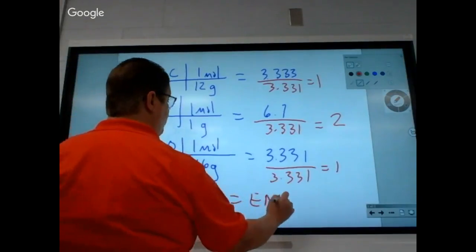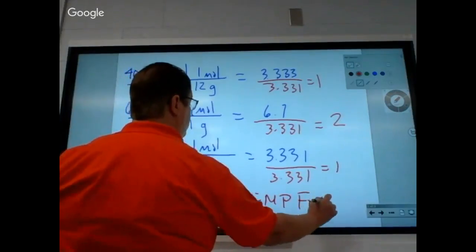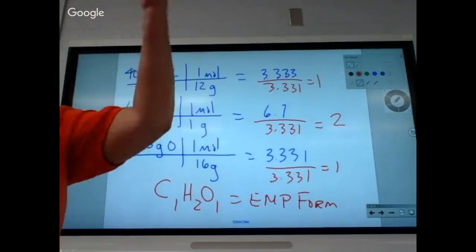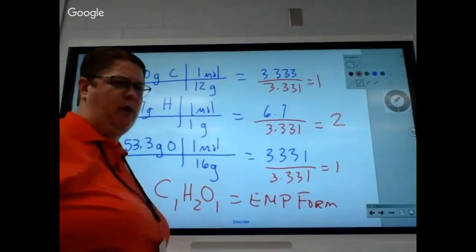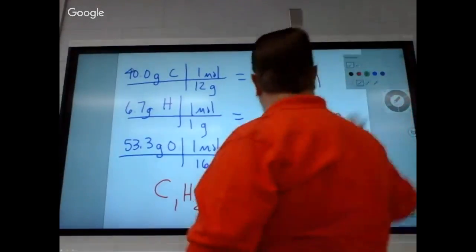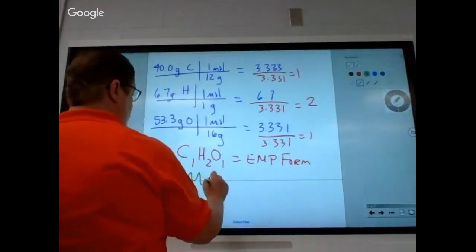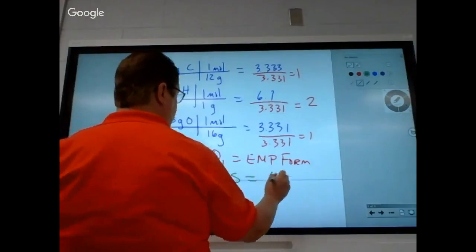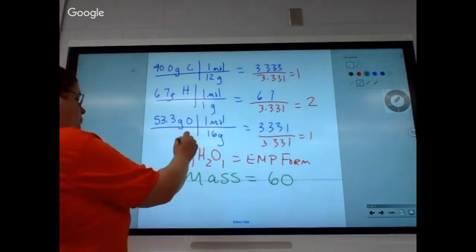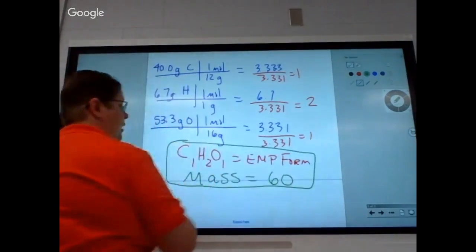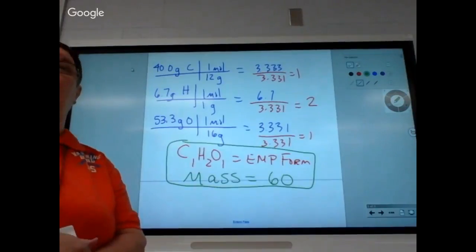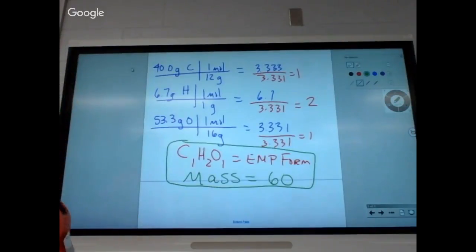That's my empirical formula. So now I have the two pieces that we started with in questions 1 and 2. The mass they gave me in number 3 is 60. So now I have the same things I have in questions 1 and 2. Now what am I going to do with these two things to find my molecular formula? You used one of the wrong numbers. Which one? It's 53.5.